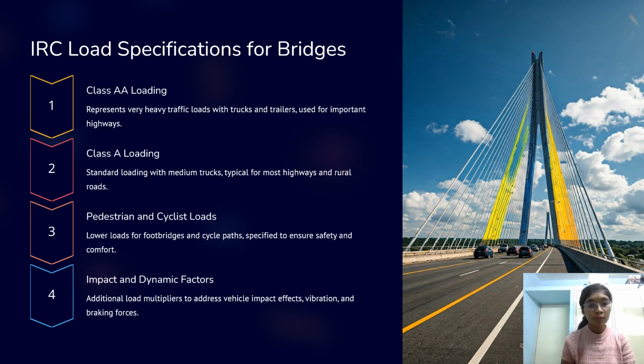Pedestrian and cyclist loads are lower loads for foot bridges and cycle paths, specified to ensure safety and comfort. Impact and dynamic factors are additional load multipliers to address vehicle impact effects, vibration, and braking forces.